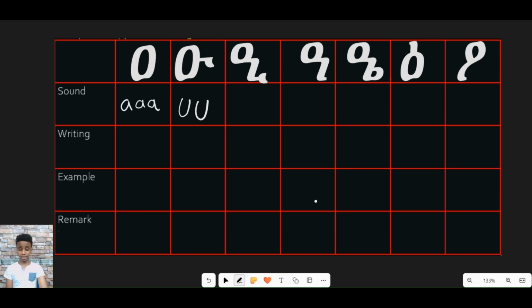Our third letter is the letter E. And if you were to write I, you would get E. Our fourth letter is the letter A. And A can be written by writing A.